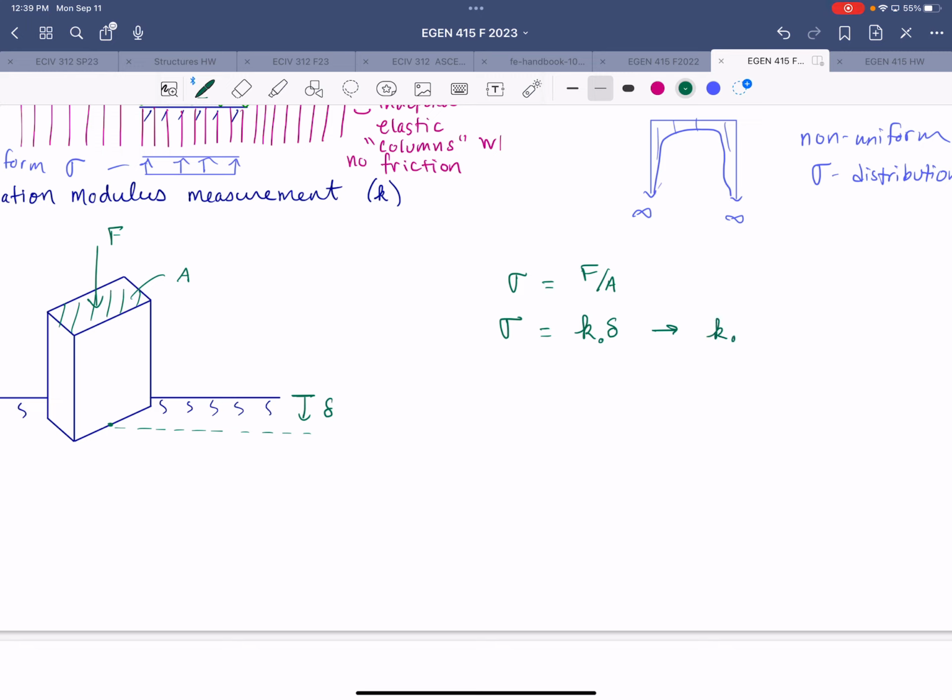So we can write k sub 0 is equal to sigma over delta. This represents the force per unit area per unit deflection of the foundation.